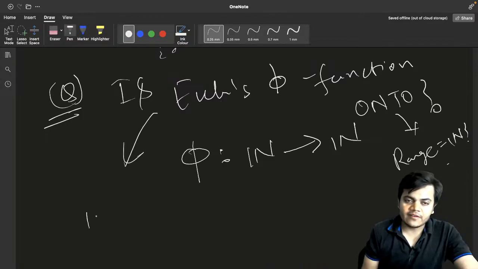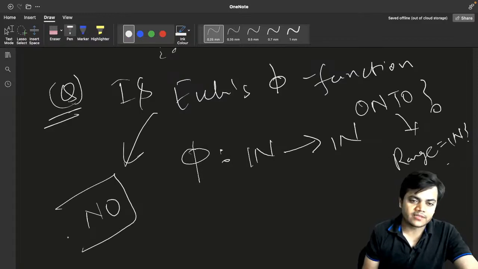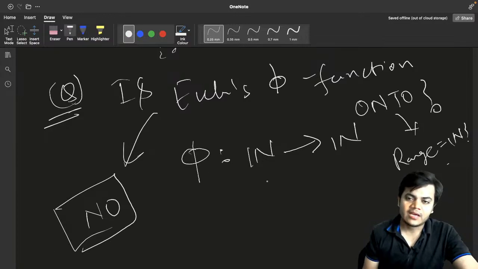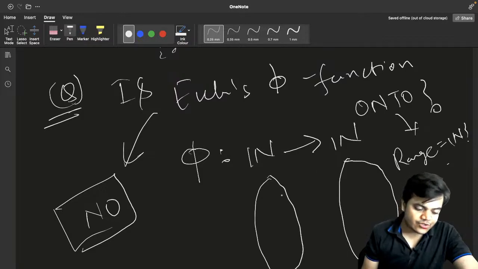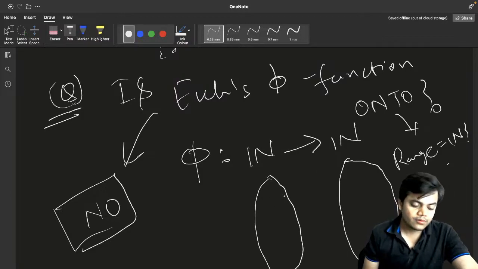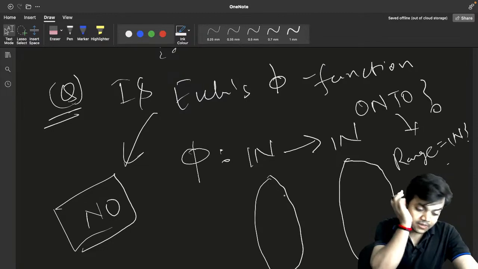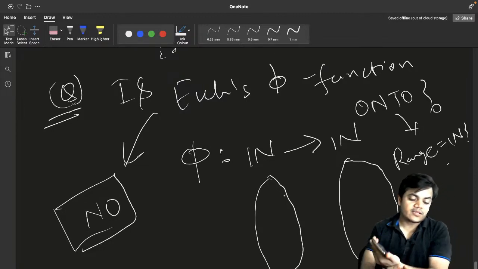And it is very, very clear from the previous result. Why? Because you had already seen that if your n is strictly greater than 2, then what is going to happen?